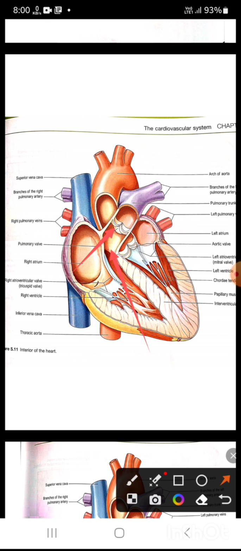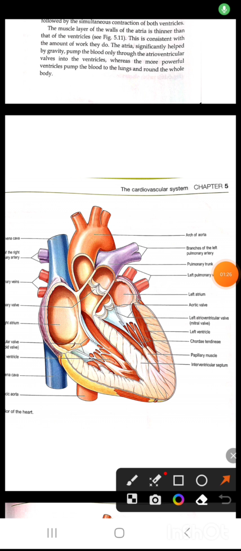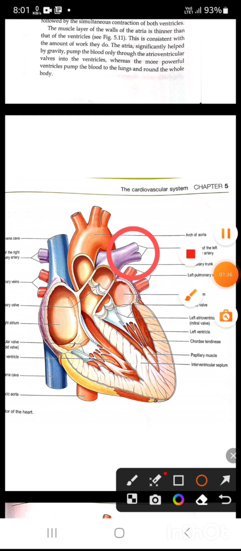This is preventing the backflow of the blood from the pulmonary artery to the right ventricle when the right ventricle is relaxing. So, we can see the pulmonary artery is divided into two branches, left and right.